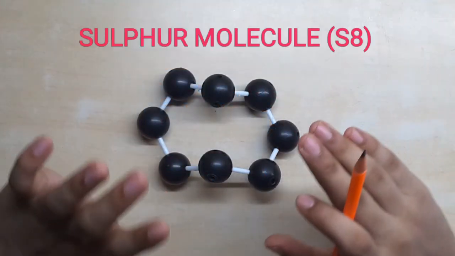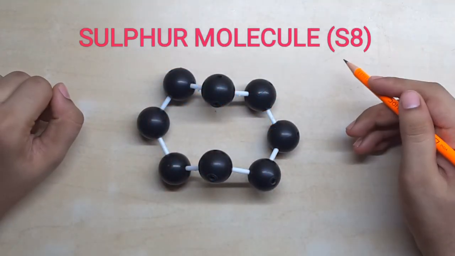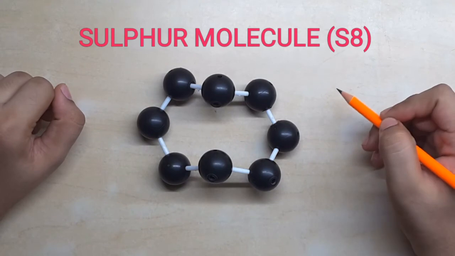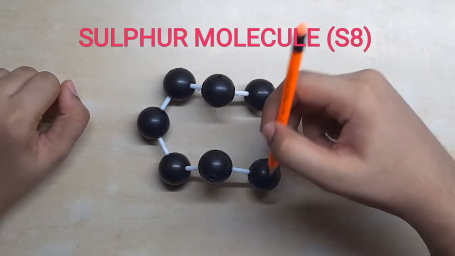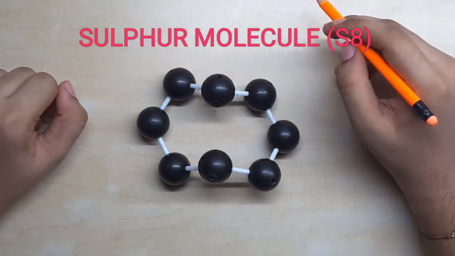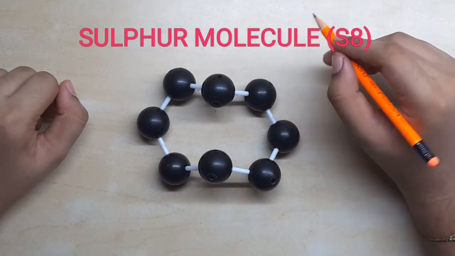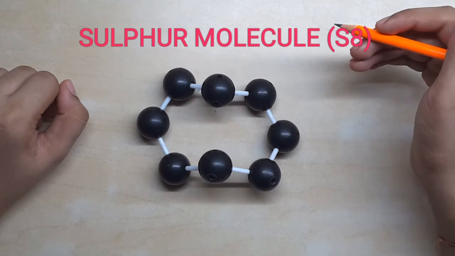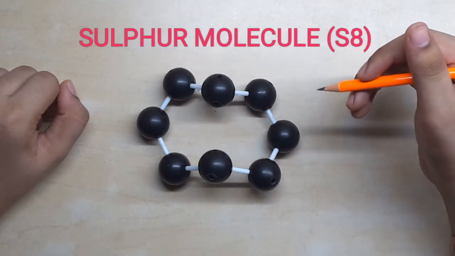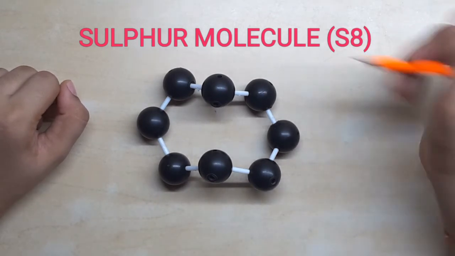Now this structure here is S8. These black balls represent a sulfur atom. Electronic configuration of sulfur is 2 electrons in K shell, 8 electrons in L shell and 6 electrons in M shell.